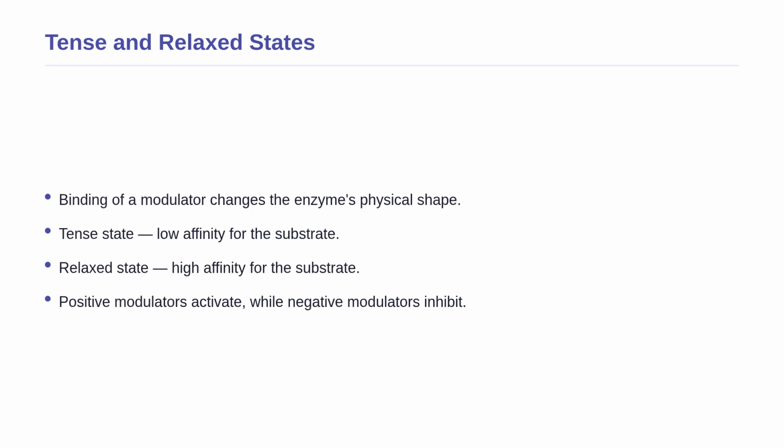The first is the tense state, which has a very low affinity for the substrate. The second is the relaxed state, which has a high affinity and readily binds the substrate. Positive modulators push the enzyme into the active relaxed state, turning the factory on. Conversely, negative modulators lock it into the inactive tense state, shutting the factory down.